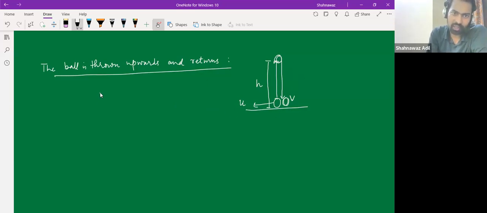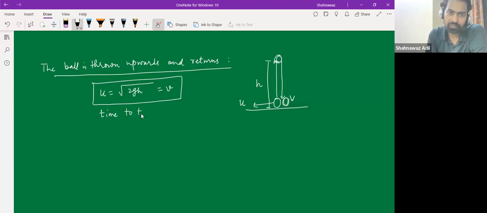So we know that u would be equal to root 2gh. And the time to reach the height is u by g.